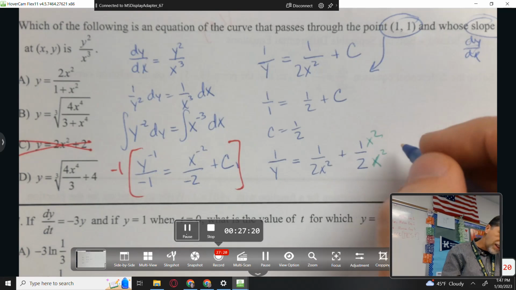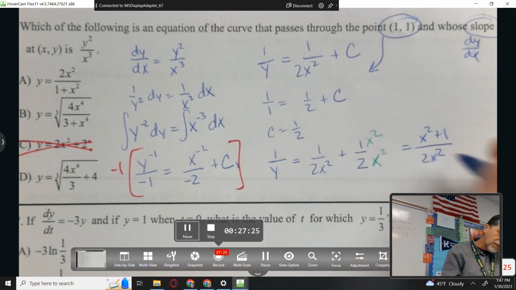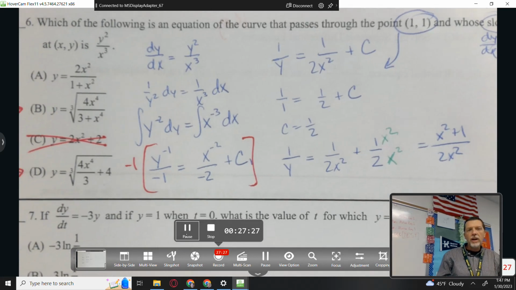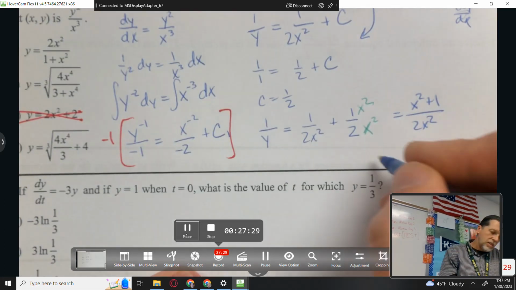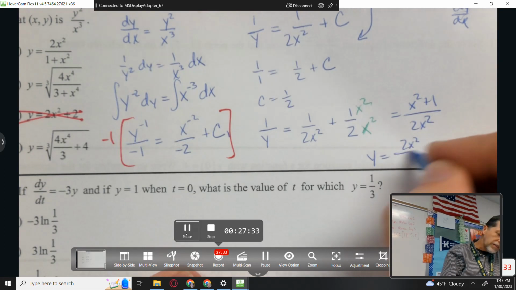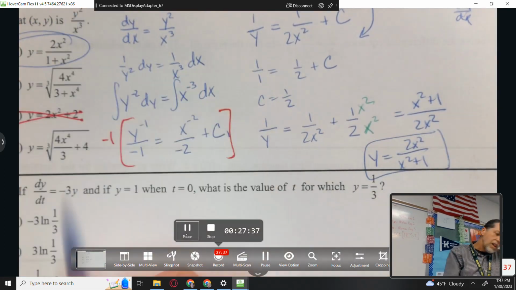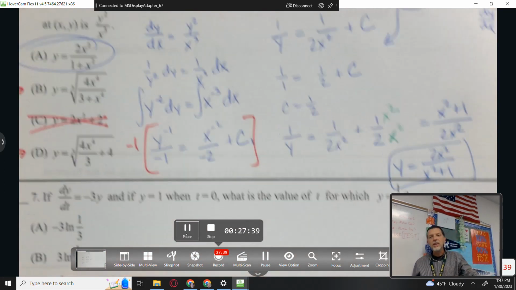So that's x squared plus 1 over 2x squared. And now I see where answer choice A comes from. If I flip it over, I get 2x squared over x squared plus 1. That's a lot of algebra in that one.